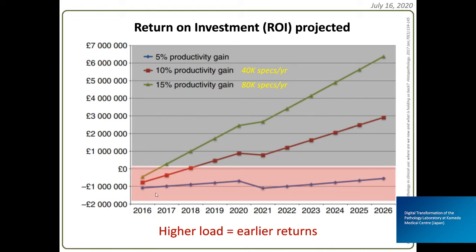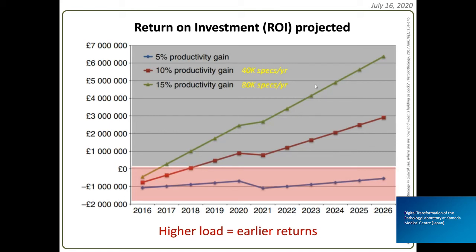As an example of a low volume laboratory, if you have a very low volume of cases and you buy an expensive scanner, you may never get any ROI. But the more cases you are digitizing, the higher the chance and the quicker you will get your money back. It is projected, please note. This is not a real laboratory.